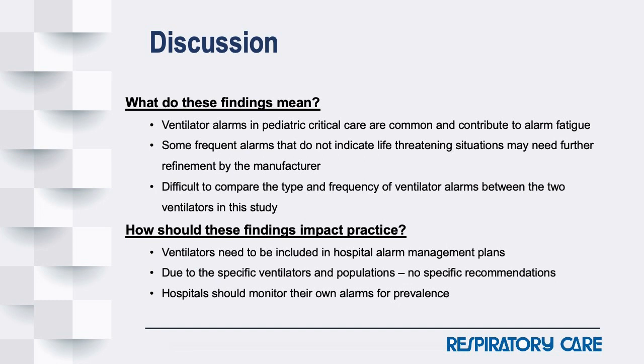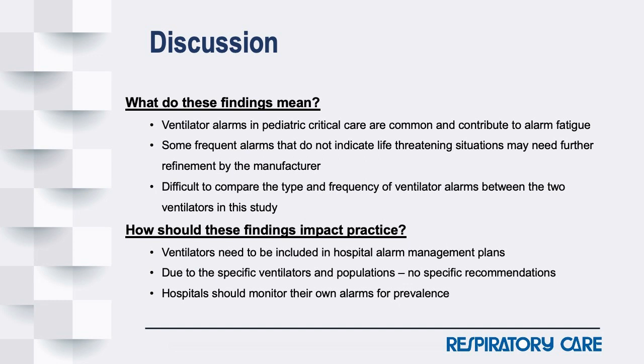How should these findings impact our practice? Well, every hospital, no doubt, because of Joint Commission and national patient safety goals, has to address alarms in plans and policies. You should make sure that ventilators are included in your hospital's alarm management plans.